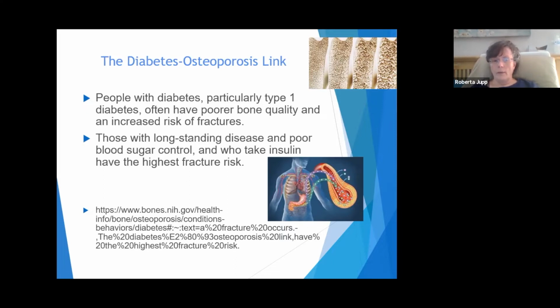So that would automatically include the type 1s that were diagnosed when they were children. And it would also include the type 2s who have to take insulin and really don't control their blood sugar very well. So those are the folks with the highest risk who have diabetes. So as you can see, it really is advantageous to us, if you have diabetes, to definitely want to control the blood sugar.